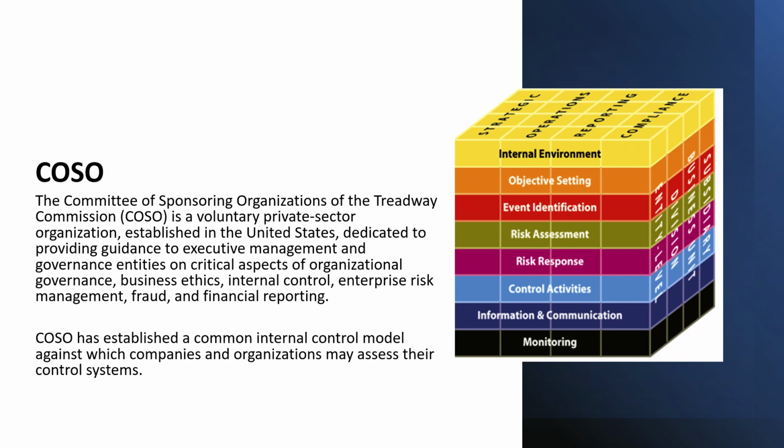COSO has established a common internal control model against which companies and organizations may assess their control systems. It's a popular framework, but it's used only in very large multinational corporations.